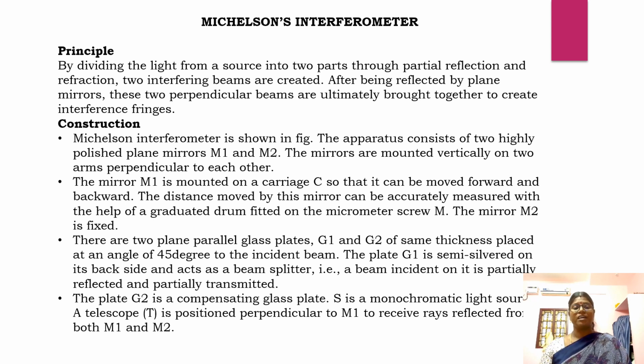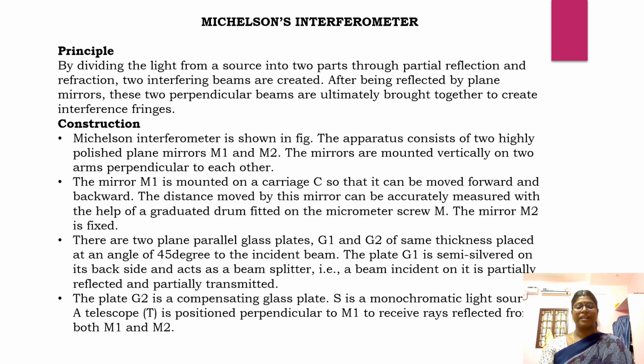So instead of a double source, here a single source is used and the light is split by partial reflection and refraction. These two split lights are reflected by the mirrors, and these two reflected rays create a path difference. As a result, the interference fringes are observed in the Michelson interferometer.